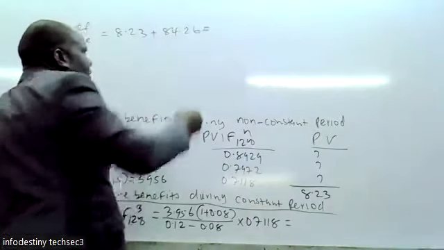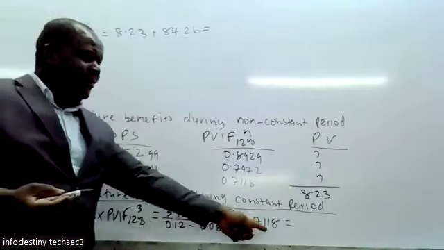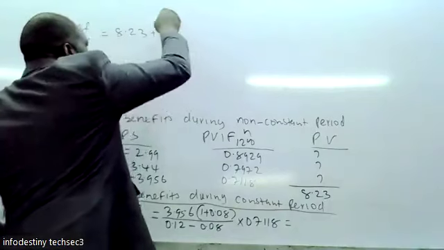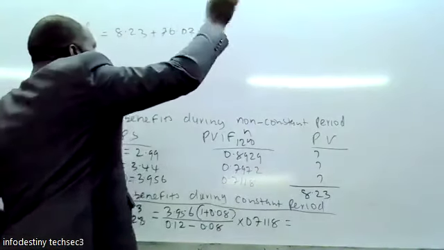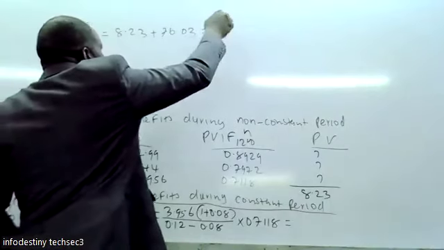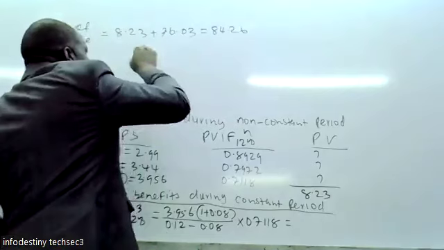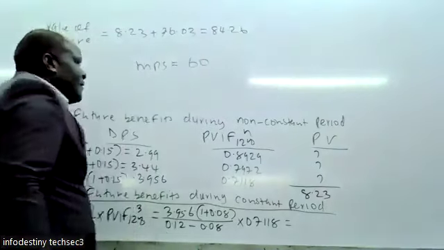So when you add them, you get 84.26. Yeah, so the current market price per share was given to us as 60.